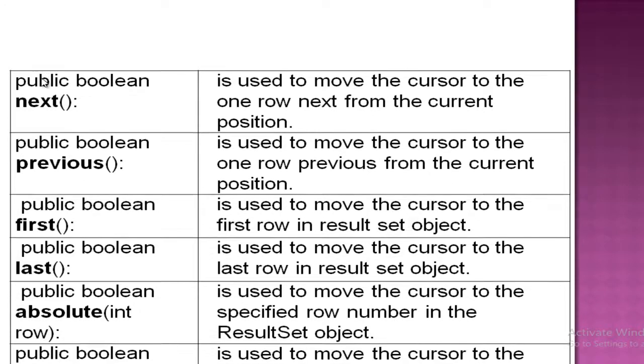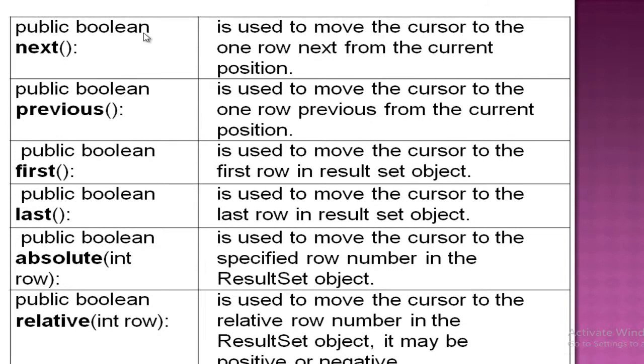These are the methods: public boolean next, previous, first, last, absolute, and relative. public boolean next is used to move the cursor to the next row from the current position. That's why we have written next here.